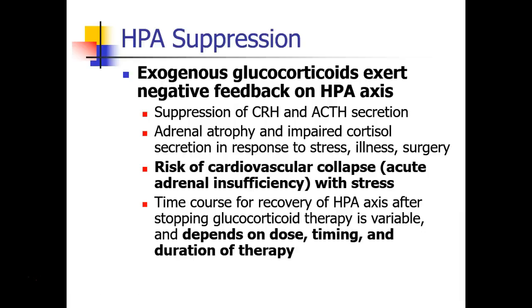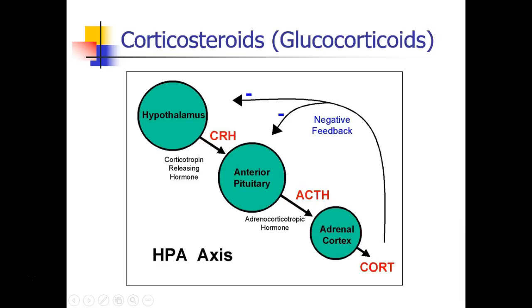One idea we want to introduce is the idea of HPA suppression. And just jumping ahead for a moment, this is a picture of what we call the HPA axis, the hypothalamus, anterior pituitary, adrenal cortex axis.